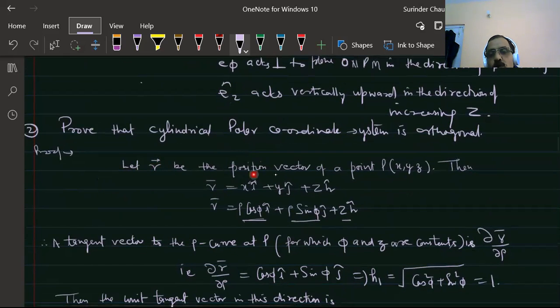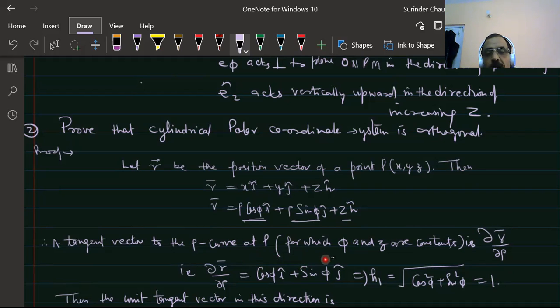Let the position vector in Cartesian coordinates be r equal to x i plus y j plus z k, which in cylindrical coordinates becomes rho cos phi i plus rho sin phi j plus z k. Now we find the tangent vector to the rho curve at P.